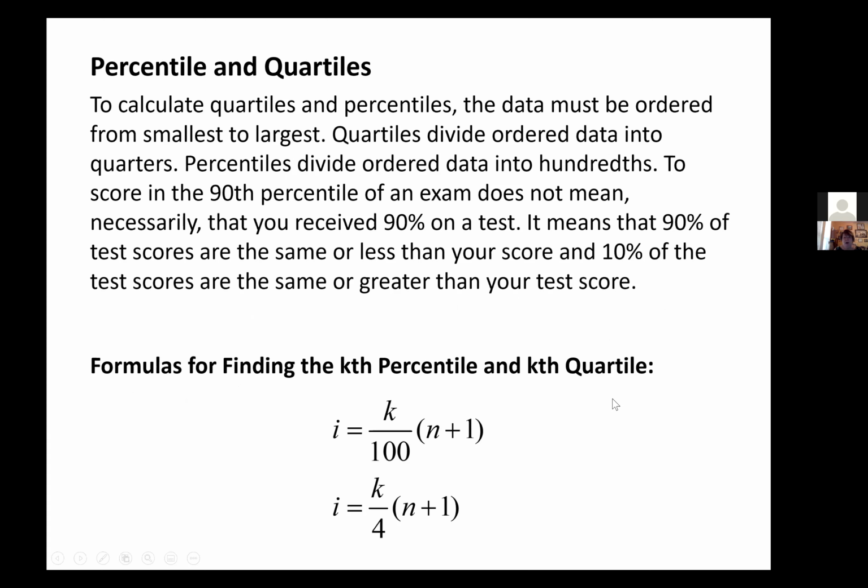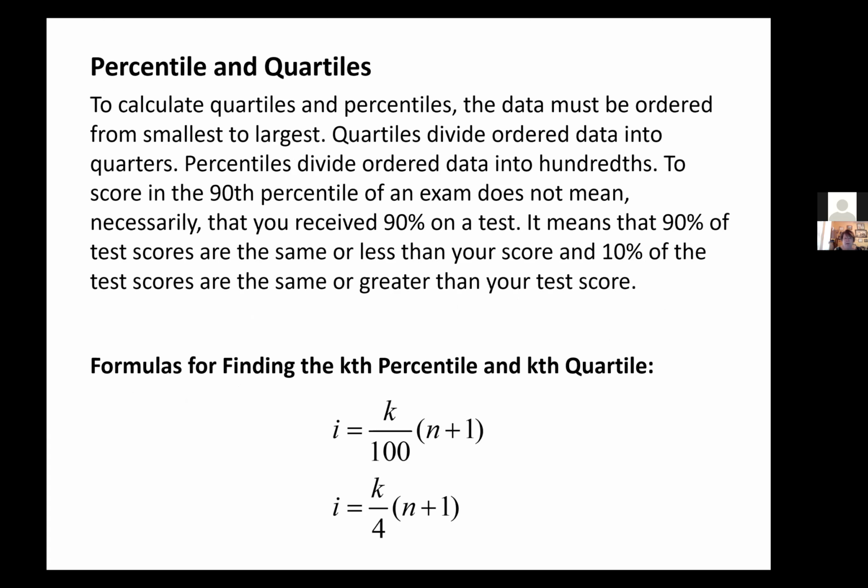All right, so here are our formulas for finding the kth percentile or the kth quartile. To calculate quartiles and percentiles, the data must be ordered from smallest to largest.